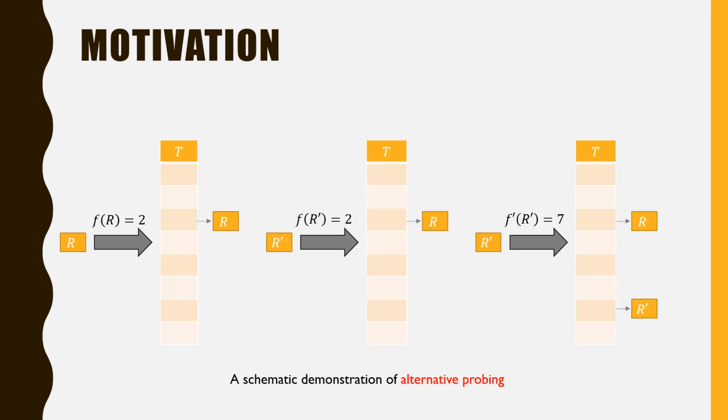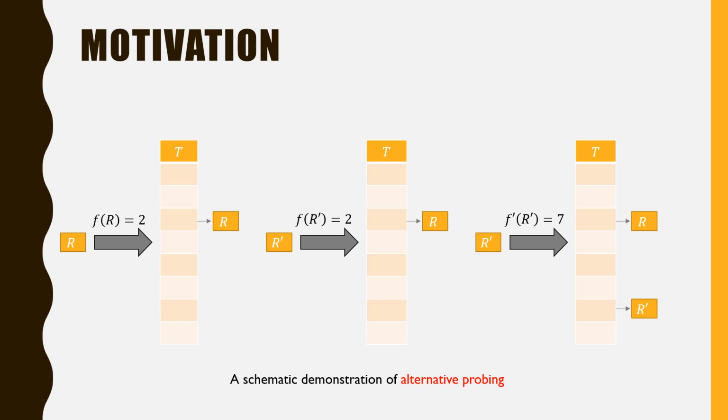Now, let's see what would happen with alternative probing. Still, R comes in first and is stored at T2, followed by R' that causes a collision. Instead of directly appending R' to R, we will find a different hash function f' for R'.